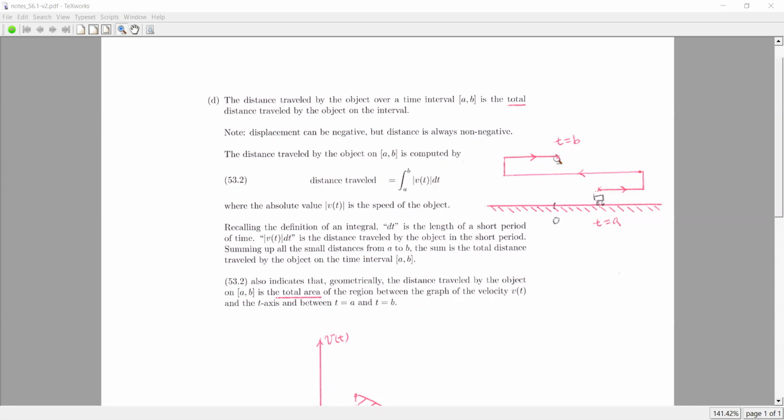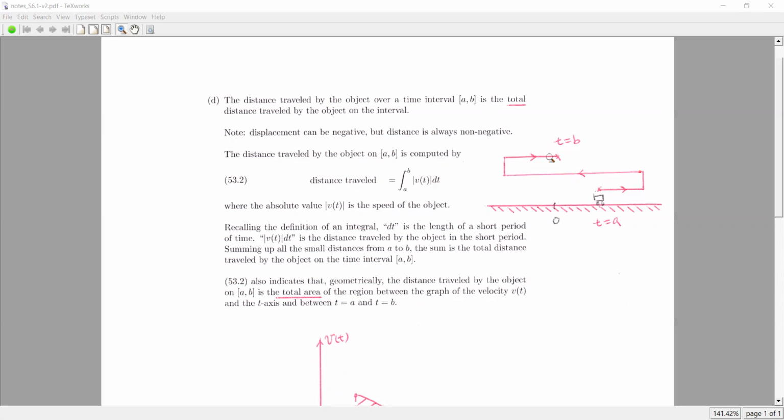The distance traveled by this car over this time interval is this distance plus this distance and plus this distance.